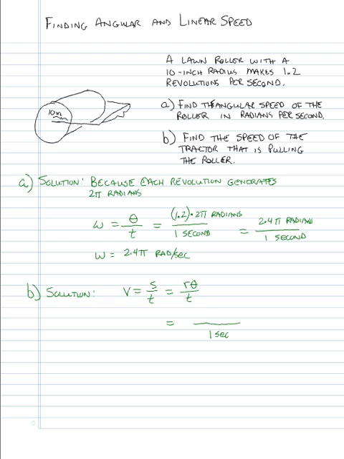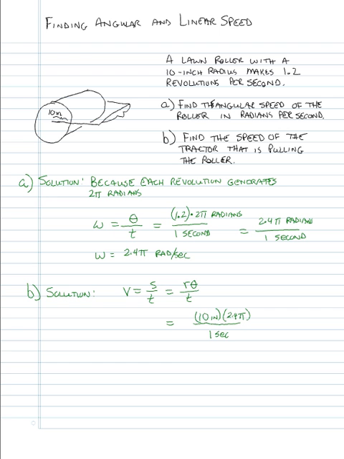Now, the radius is 10 inches. And in 1 second, what's the angle that we go through? Well, we go through 2.4 pi radians, because in 1 second we do 1.2 of a revolution, and 1 revolution is 2 pi radians. And so we have 10 inches times 2.4 pi radians. And that really came from above, didn't it?